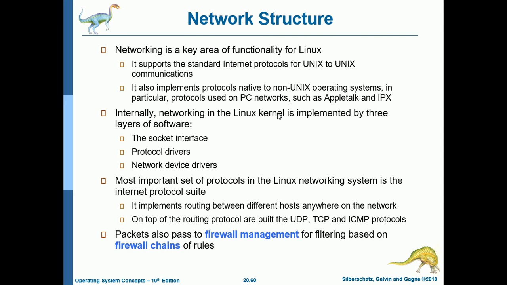Packets also pass to firewall management for filtering based on firewall chains of rules. Firewall chains are ordered lists of rules that specify one of a number of possible firewall decision functions plus matching components. It is a configuration of the firewall rules.